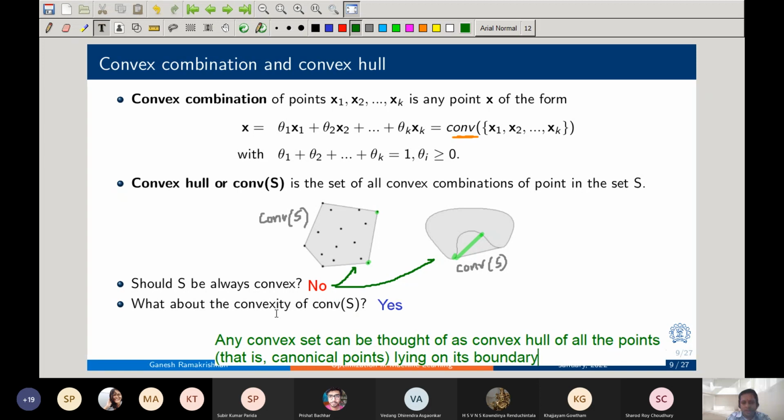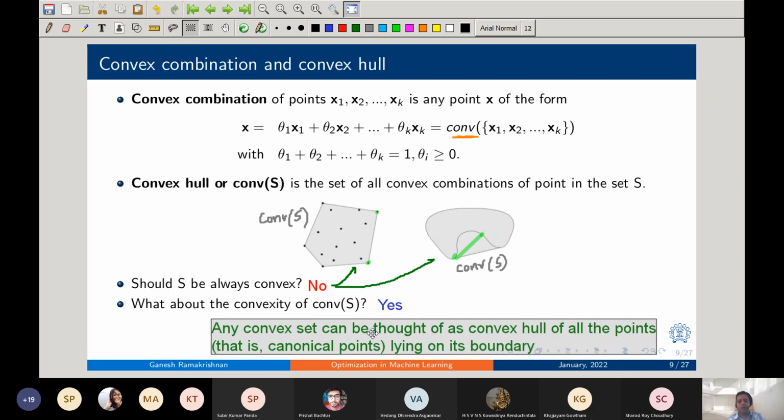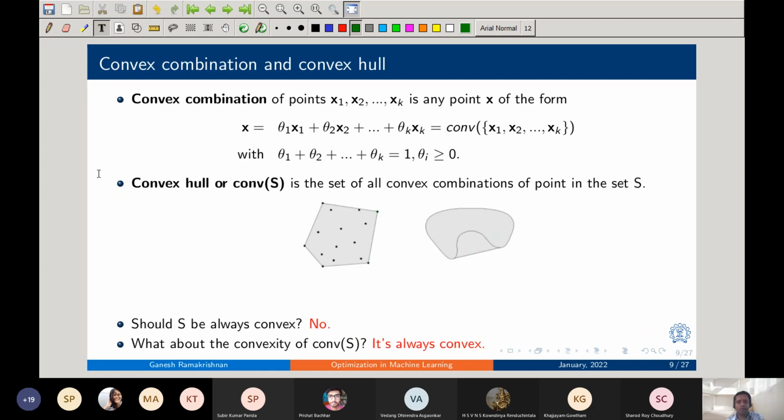Now the notion of boundary has to be defined a little carefully. I have very detailed previous years' lectures on convex optimization where I define formally the notion of a topology, a boundary, and so on. But for purposes of this course, boundary can be understood very intuitively. Okay, let's move on. Convexity of the convex hull is always guaranteed. It's always convex.